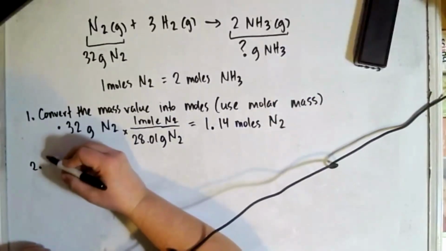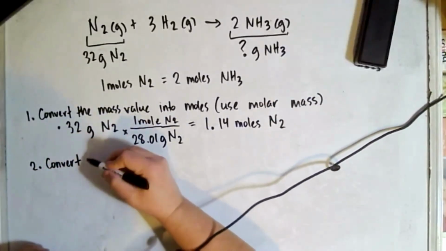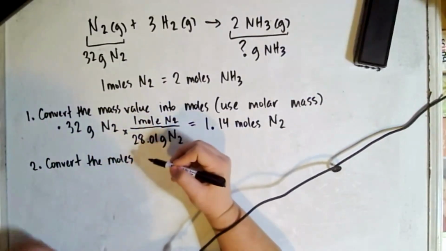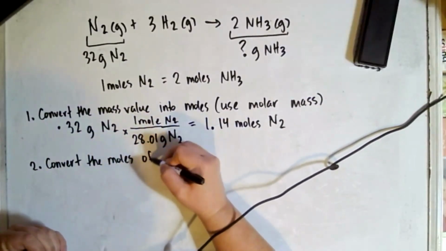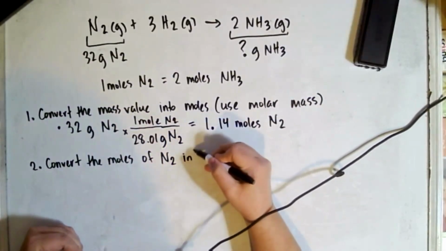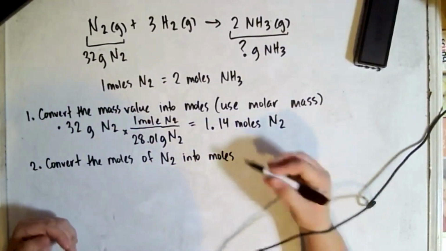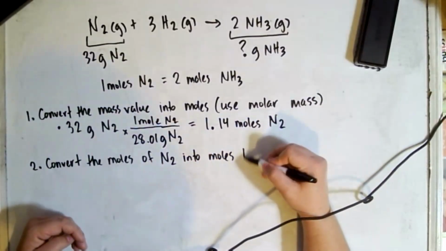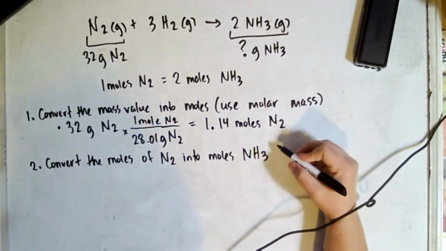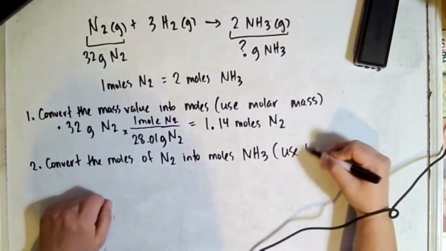is going to be to convert the moles of the substance that we start with, which is going to be our N2, into moles of what we want to end with, which is going to be our NH3. Okay, and Step 2 is the part where we use our balanced equation.